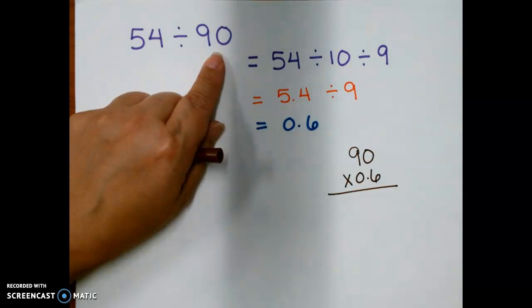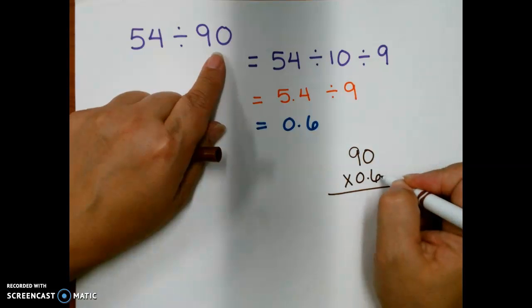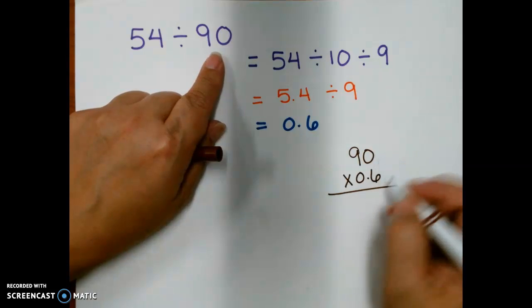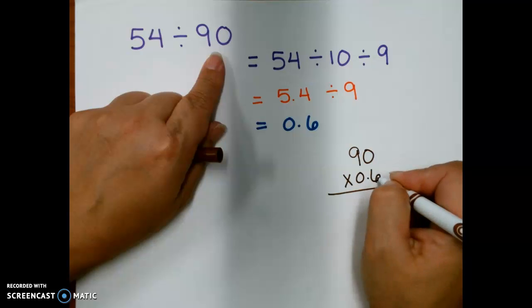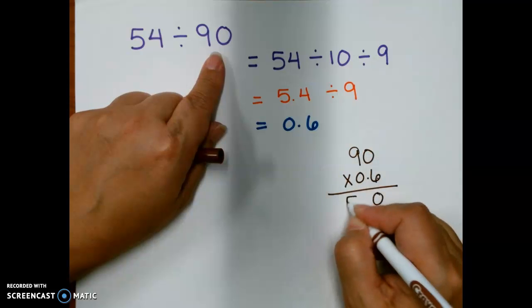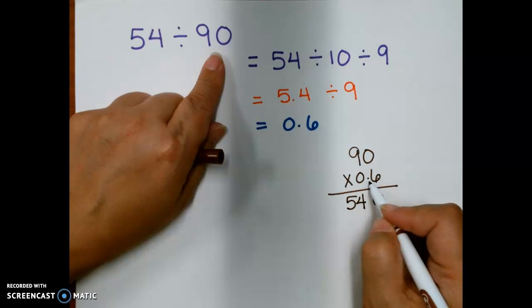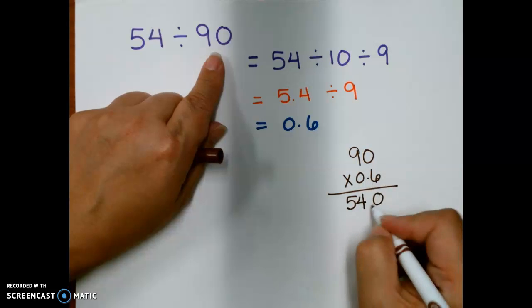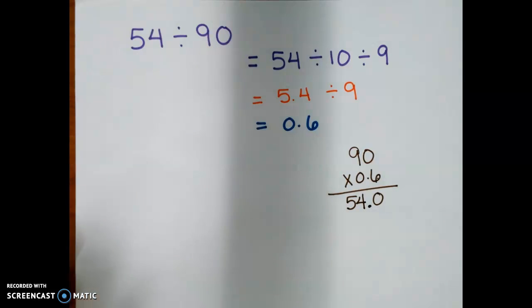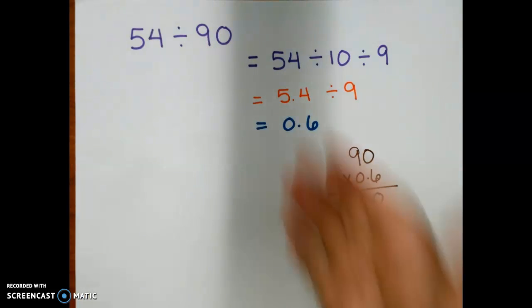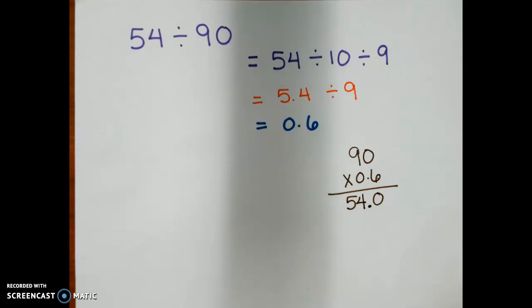Now remember, we did this too before break. 6 times 0 is 0, and 6 times 9 is 54. I started out with tenths, so this is 540 tenths, so my decimal point goes right there. So that's how we check a division problem to make sure that our quotient is correct.